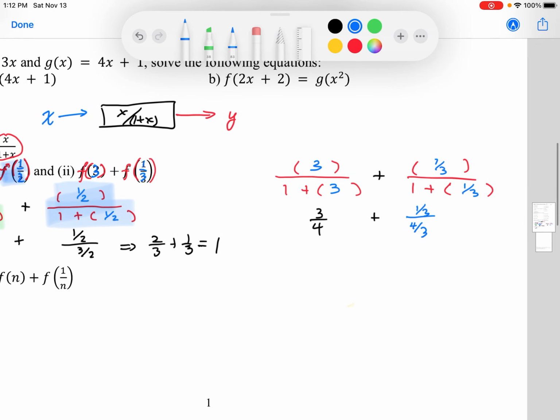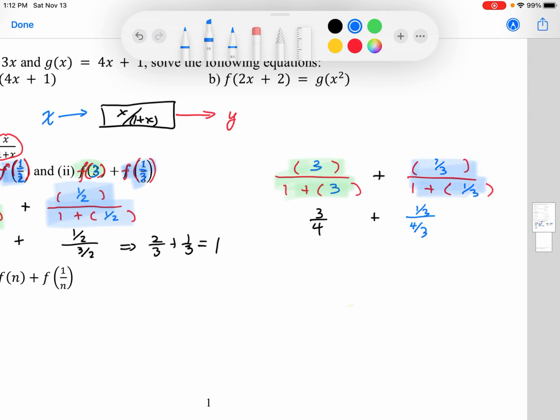Okay, so again, just color coding this. The first part of the expression is the f, which is shown in red. It's the x over 1 plus x. The input is 3, so I replace the x in that expression with 3. The second part is this portion here.